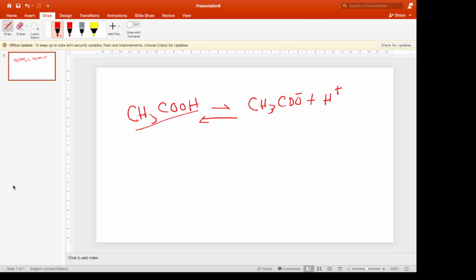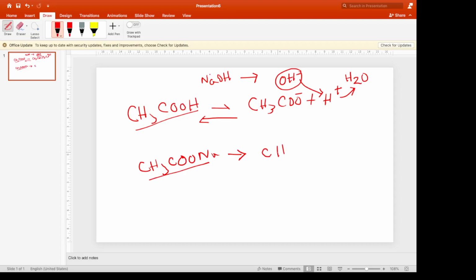And another component is its salt, right? So as it is stronger, it will dissociate 100%, okay.